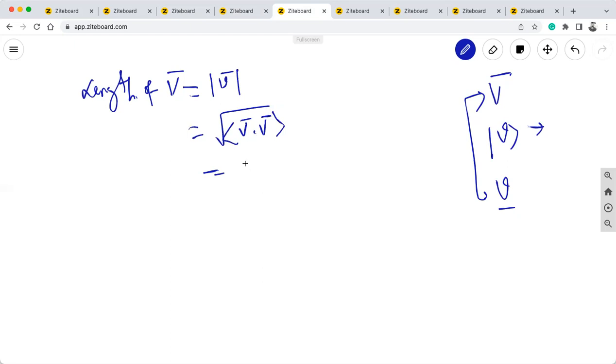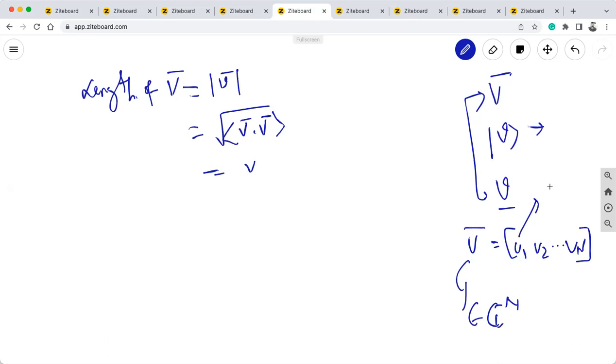If v has components v1, v2, and so on to vn, the vector may belong to complex Cn or real Cn. In quantum, we'll see that this is complex Cn, and the individual components v1, v2, vn belong to the complex scalars C or the real scalars R.